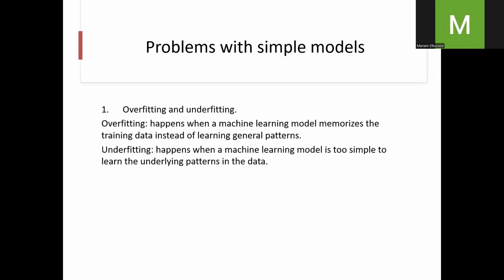It can answer questions or classify based on the training data only. Underfitting happens when the model is too simple and its learning is very superficial. It's not learning underlying patterns of data. So the first problems are overfitting and underfitting.